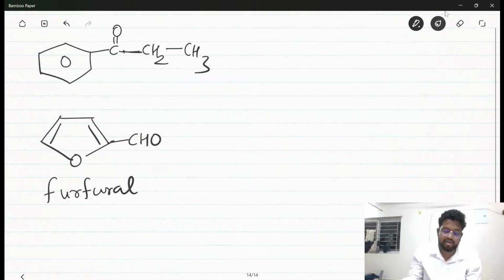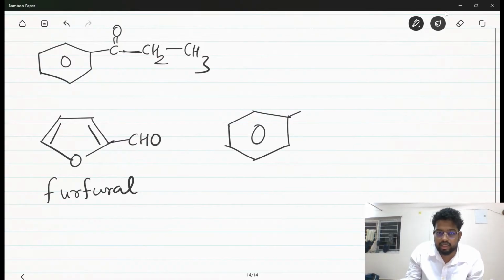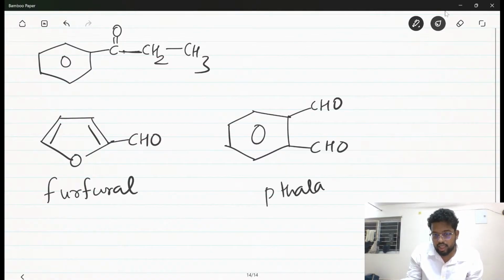Common name of this is furfural, which is an aromatic aldehyde. Now, you know phthalic aldehyde. If two aldehyde groups are side by side, this is known as phthalaldehyde.